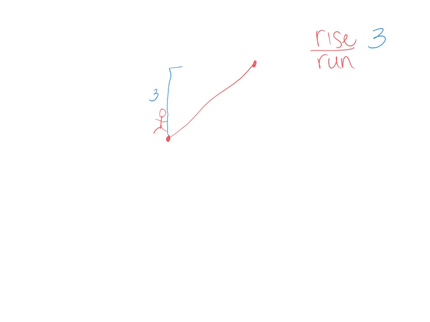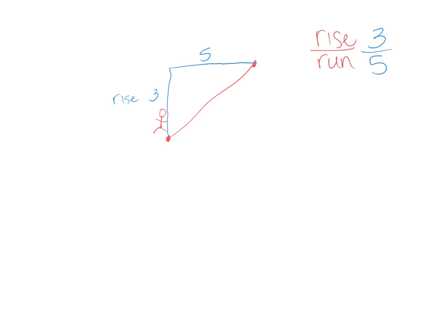Then we count how far over it is to get there. So maybe that's like 5 feet. And I'm running. So here's my rise. How high is my destination? How far across is my destination?